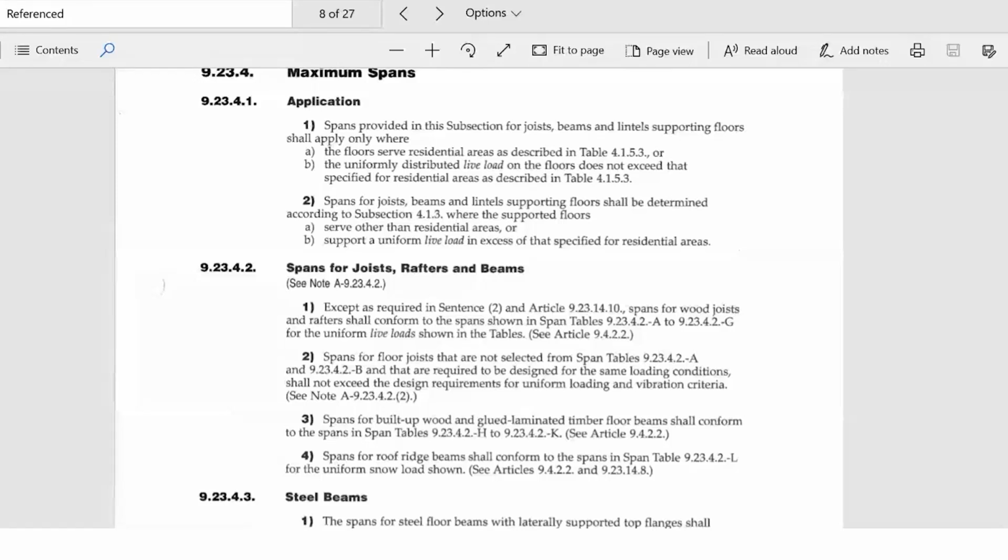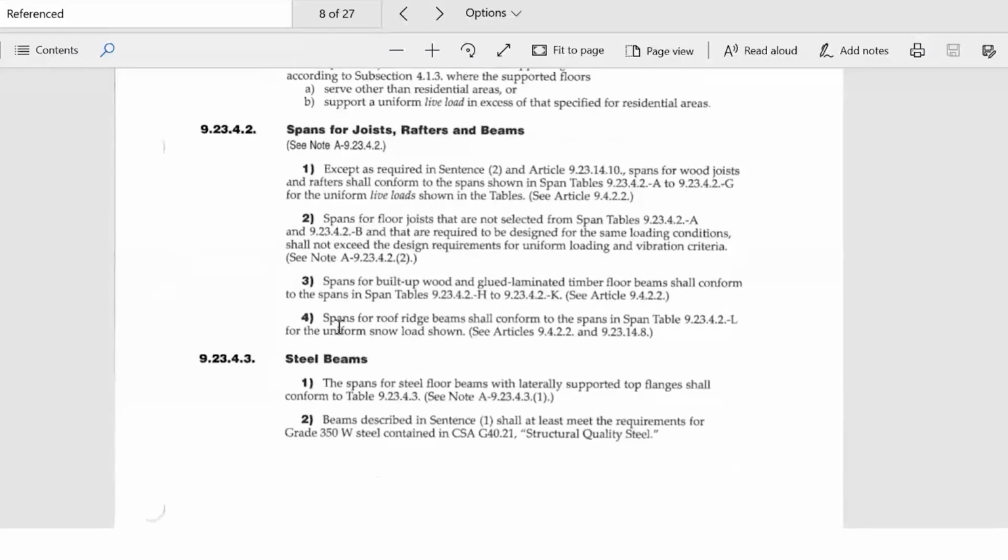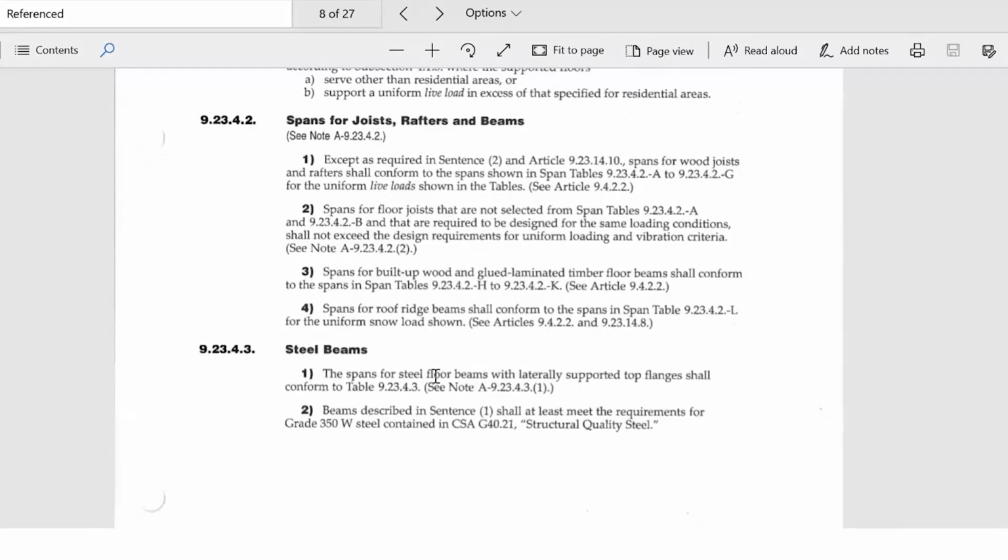And for ridge beams, you have to use span table 9.23.4.2L for uniform snow loads. So it tells you exactly what spans you have for the different types of elements used in wood frame construction.